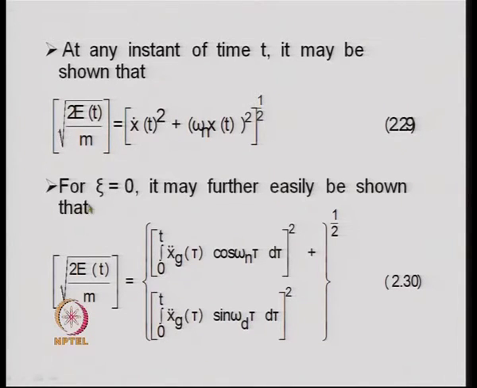Now, for the damping ratio equal to 0, it can be easily shown that the maximum value of this quantity, root over twice E t by m, turns out to be of this form.